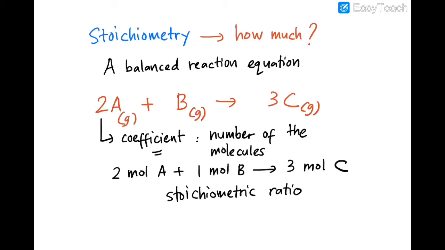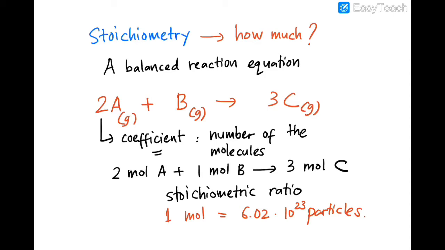Now, notice that the unit that we use here is mole. And therefore, we can also use the number of particles because, as we discussed in the previous chapter, 1 mole is the same as 6.02 times 10 to the power of 23 particles.